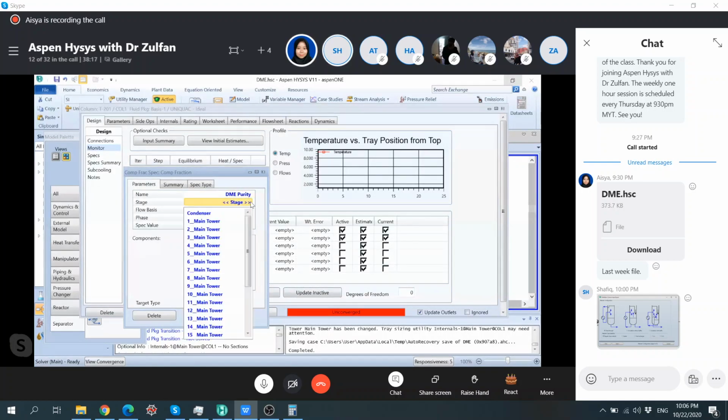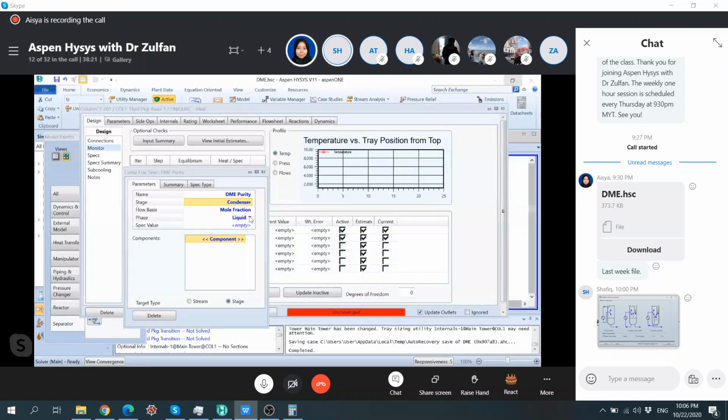And then stage is the condenser, right? At the top. Mole fractions as well, and then phase is liquid. And then this is 0.995, exactly. And then the component is DME. Yeah, close.